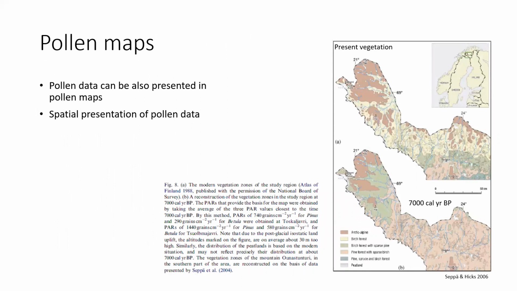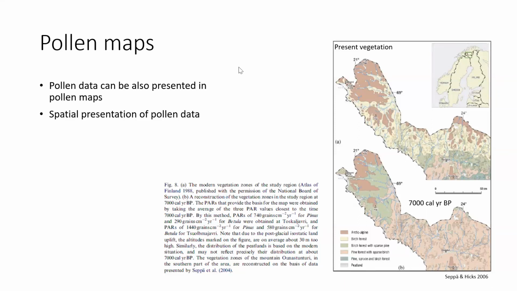Then one way of presenting pollen is different pollen maps. So basically, it is a spatial representation of pollen data. I've just taken here a few pollen maps.